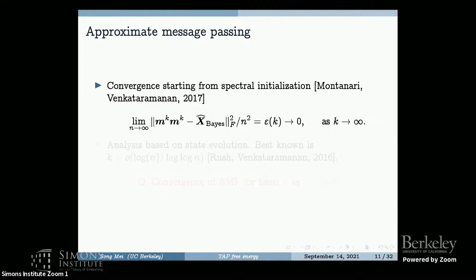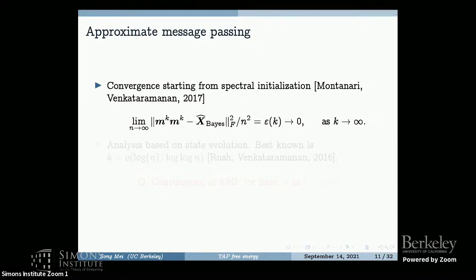So this convergence is not in the sense that, if you have a fixed sample size n, a fixed instance, you run AMP, it converges to some point that corresponds to the Bayes estimator. It's a little bit different. You first take the sample size to infinity, and then you take k to infinity.